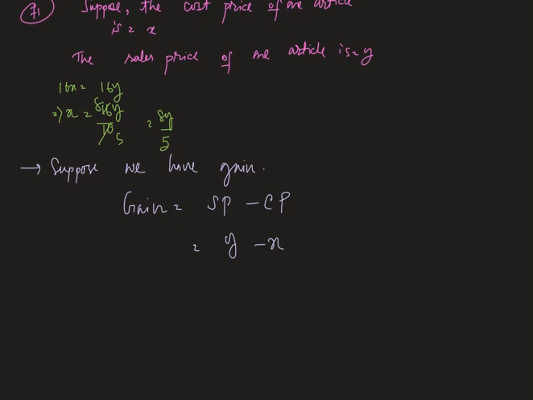Now the gain percentage is Y minus X over the cost price X into 100.